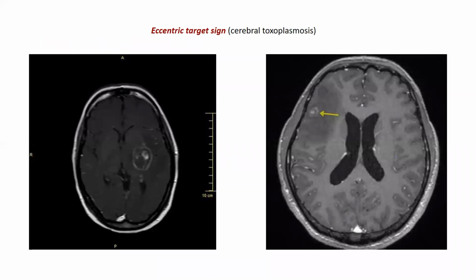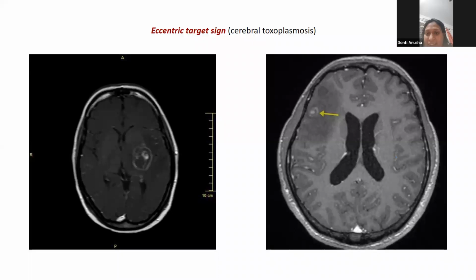So can you describe this sign? I did not animate it properly. So this is the eccentric target sign in cerebral toxoplasmosis. So can you describe what you are seeing? There is a ring enhancing lesion, sir, with surrounding edema. And inside the ring enhancing lesion, there is central hyperintensity followed by a hollow surrounding it.